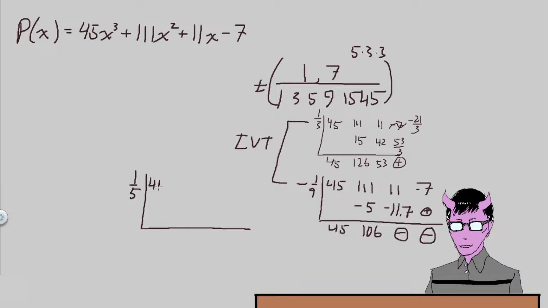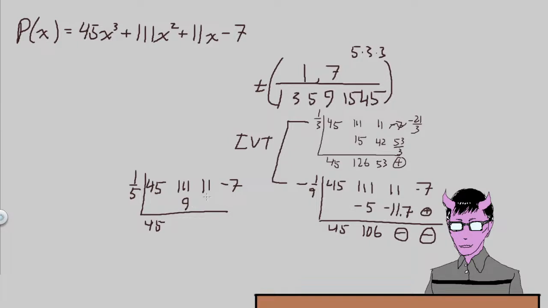Alright. So yet another slog through with the numbers. So 45, 1, 1, 1, 11, and negative 7. I think there's a slightly more efficient algorithm, but I don't think I've ever learned it. So if you know a better algorithm, use that one. So drop that.